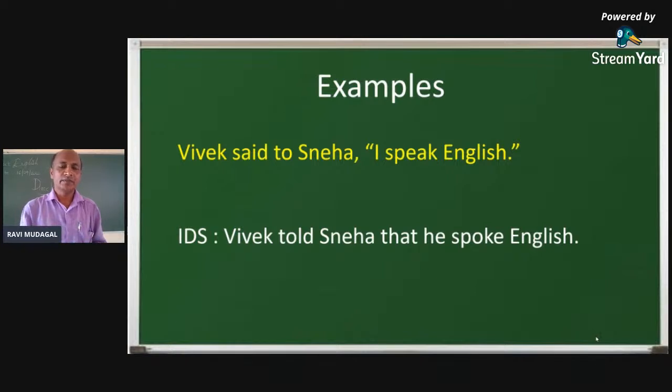"I speak English" becomes "I spoke English" in simple past, but here "I" belongs to Vivek, so instead of "I" we should use "he." "Speak" is changed to "spoke" because speak is in present tense. The answer is: Vivek told Sneha that he spoke English.